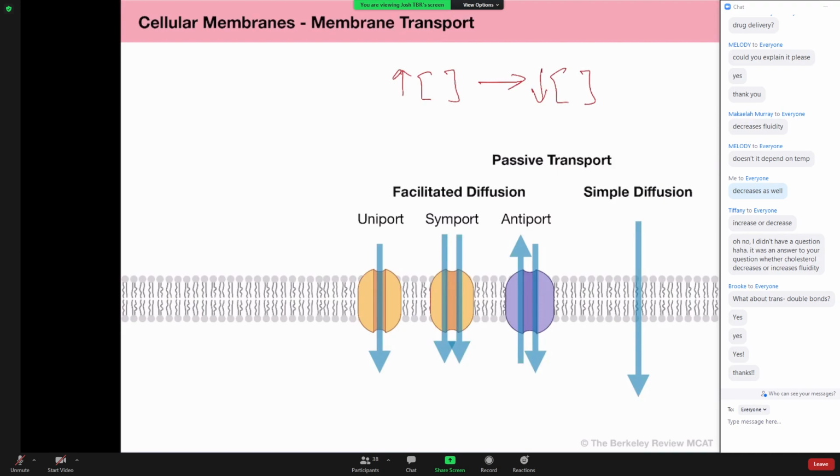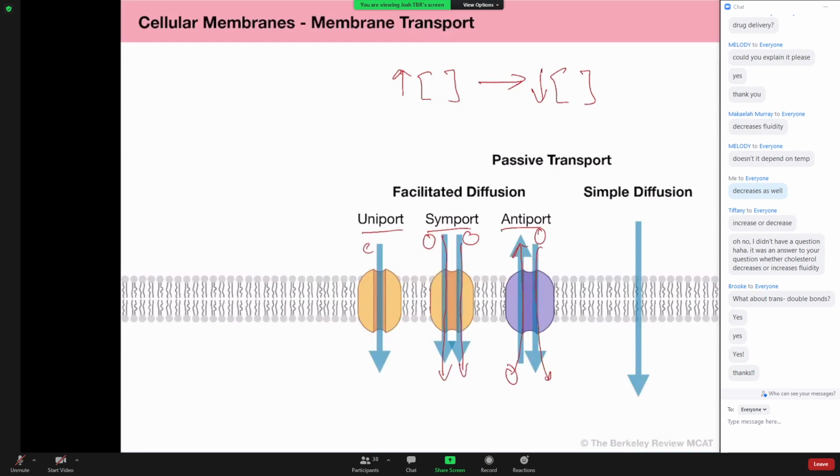There's three types of these: you can have a uniport, a symport, and an antiport. As the name implies, with an antiport, you take a molecule and move it out for every molecule that goes in. With a symport, you couple a molecule with another molecule and they both go in.